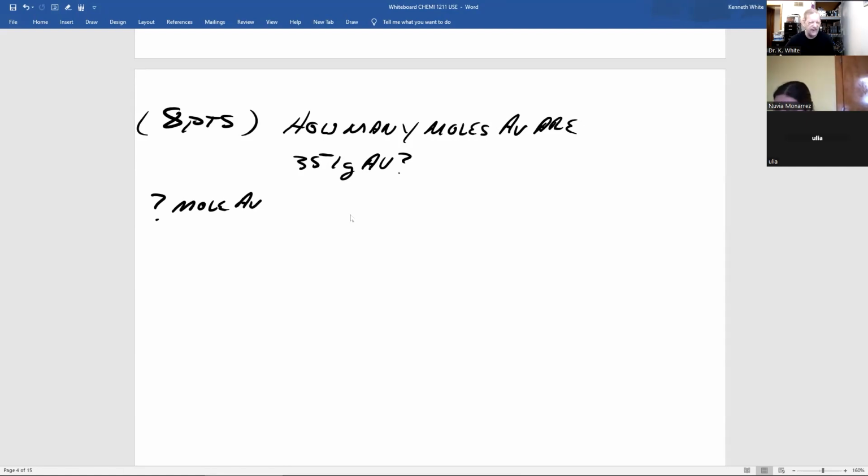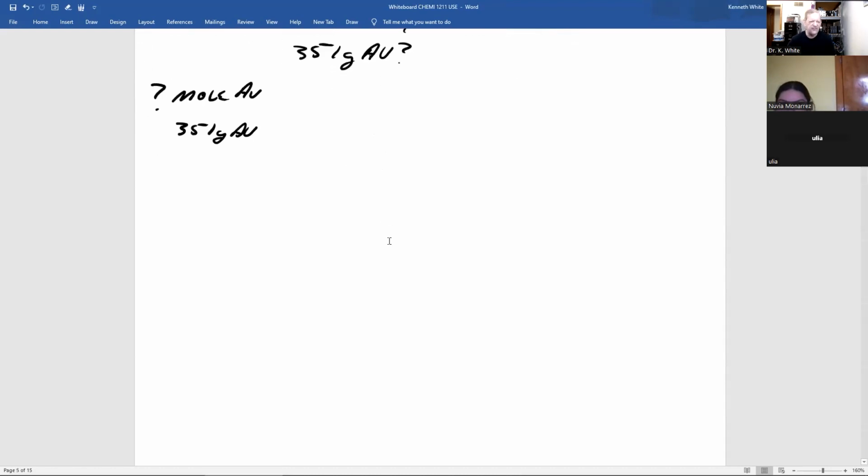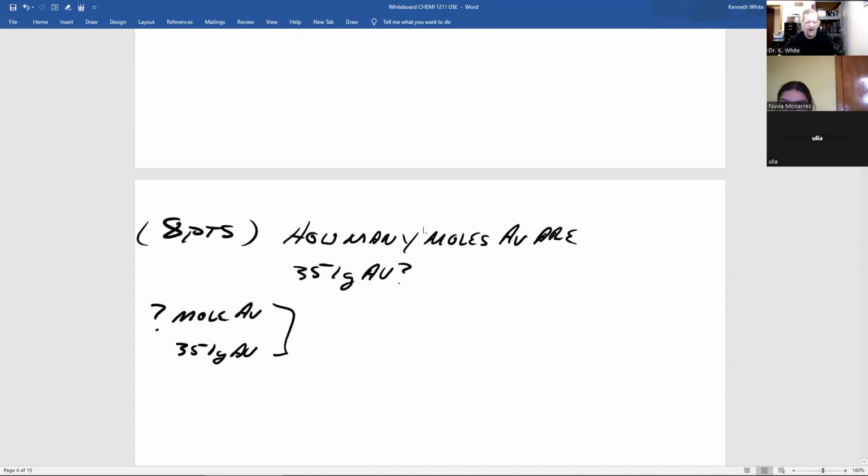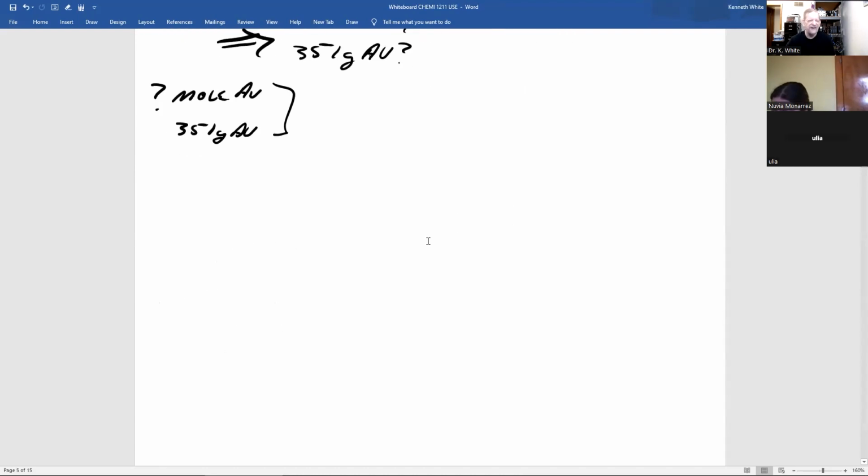What are we given? 351 grams of gold. Well, the only thing we have to start with, and once we've done this, I no longer have to read this. All right, this is the only number we have to start with.